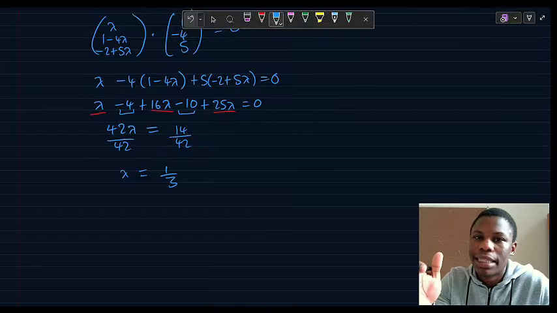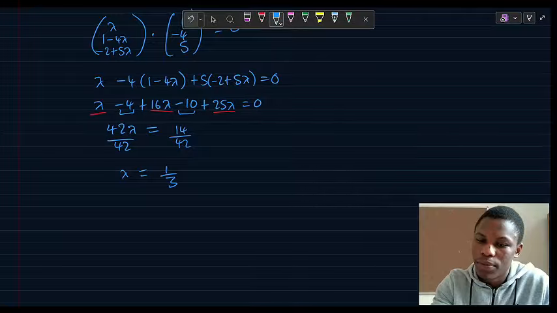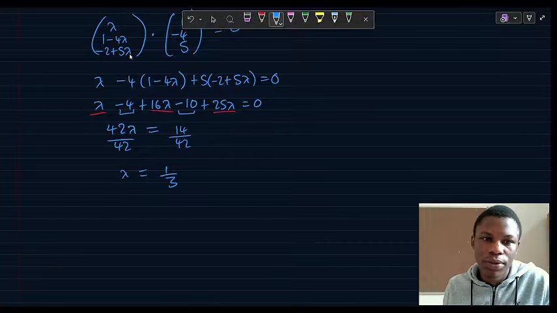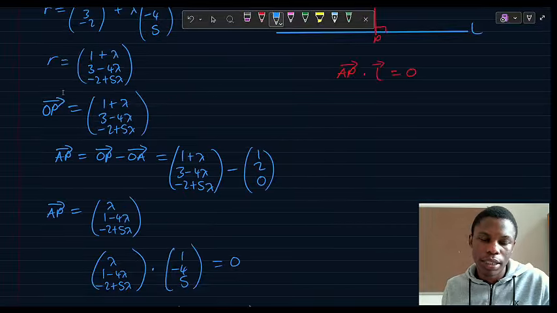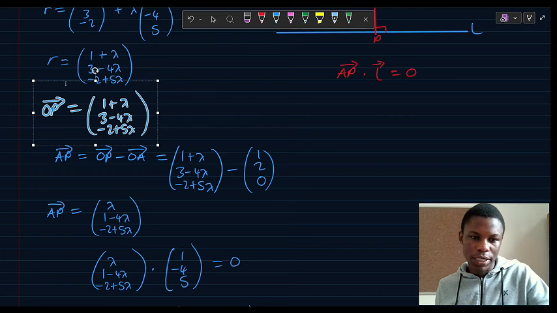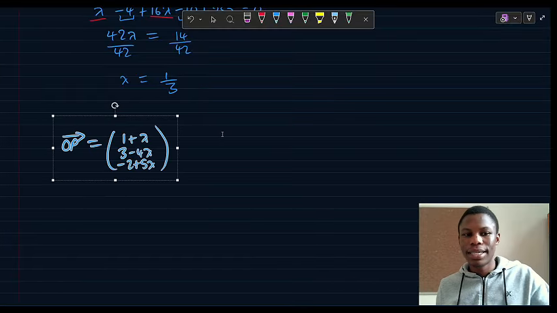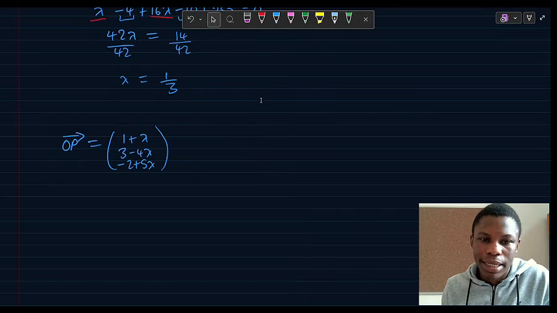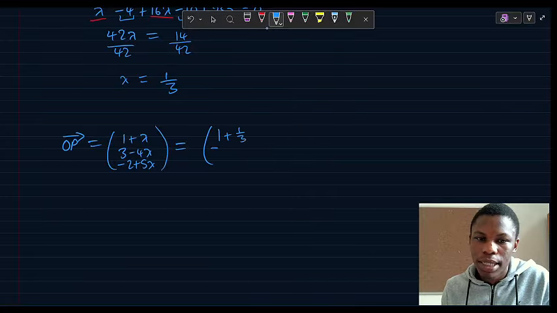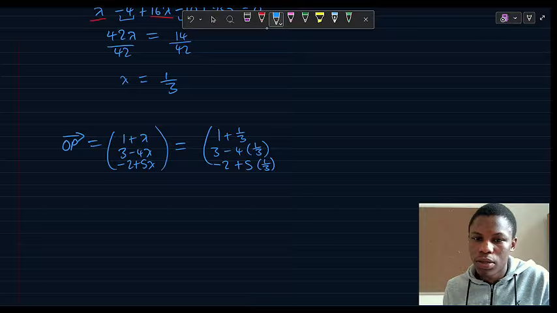So we know that at this point P, lambda is equal to 1 over 3. So we can use that information to get the position vector of P. We know that the general coordinates of the position vector of P are that, but now we know what the actual value of lambda is at the point P. So we can say that this here is equal to 1 plus lambda, so 1 plus a third, 3 minus 4 times lambda, so 3 minus 4 times a third, negative 2 plus 5 times lambda, that's 5 times a third.